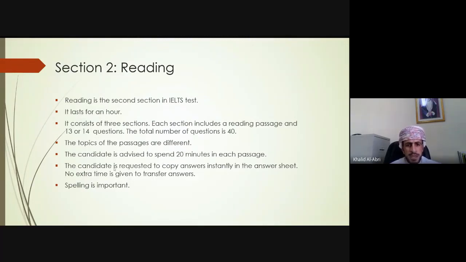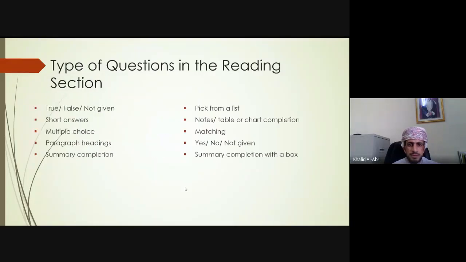And in this time, there is no extra time given to copy answers. So make sure that you copy the answers in the answer booklet instantly. Spelling is important here. If you misspell a letter, the markers will consider it as a wrong answer. So be careful with the spelling.